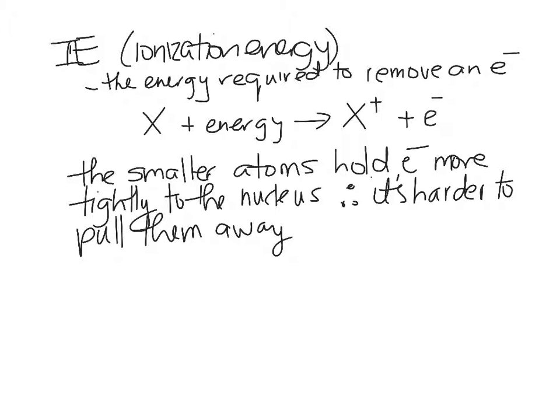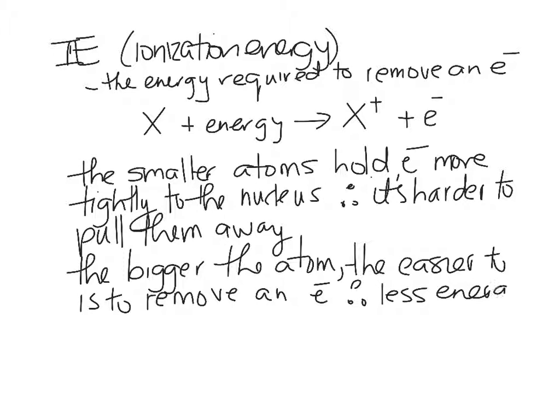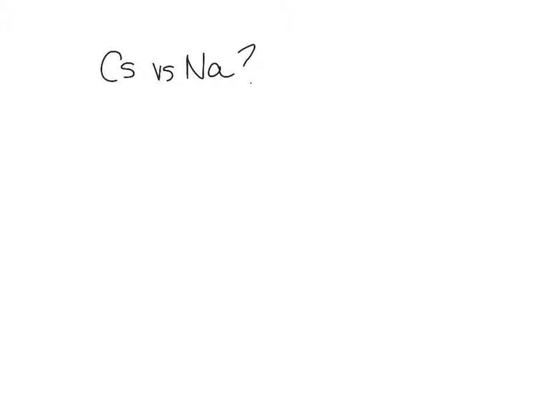It's harder to pull them away. With larger atoms, the electrons are further away from the nucleus, which means the pull is less.